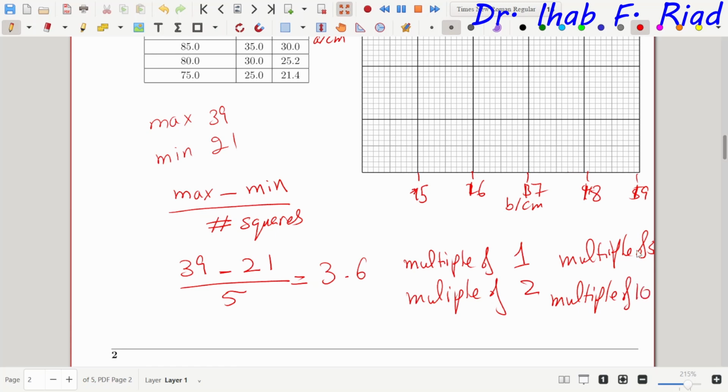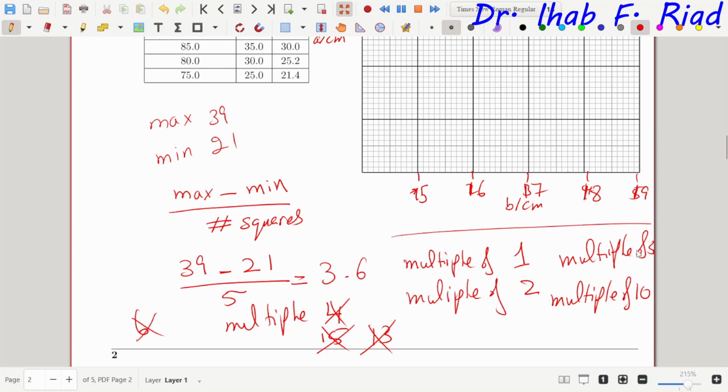Okay, it could also be multiples of 50, of 20, multiples of 10, but it is not a good thing to have multiples of 4, no, 15, no, 13, no, 6, no, things like this. These are considered to be a good choice for our scale. Okay.